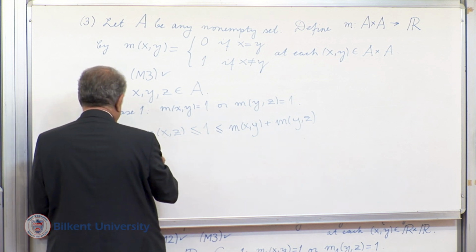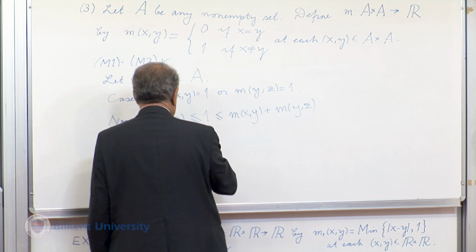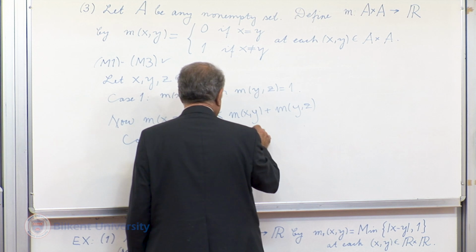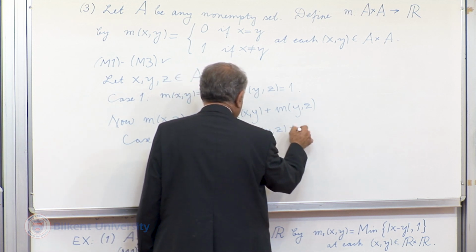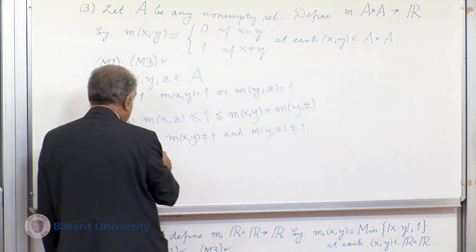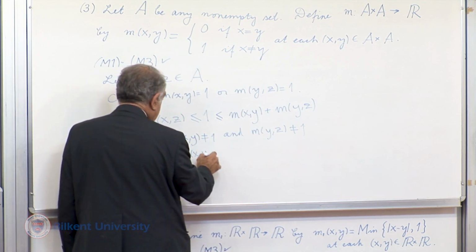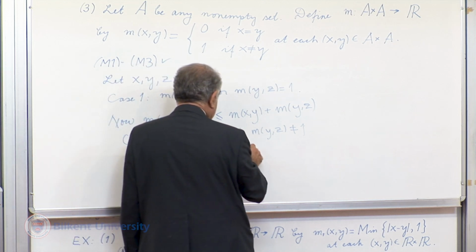Case 2: m(x,y) different than 1 and m(y,z) different than 1. That's the negation of this. If m(x,y) is different than 1, it must be 0.